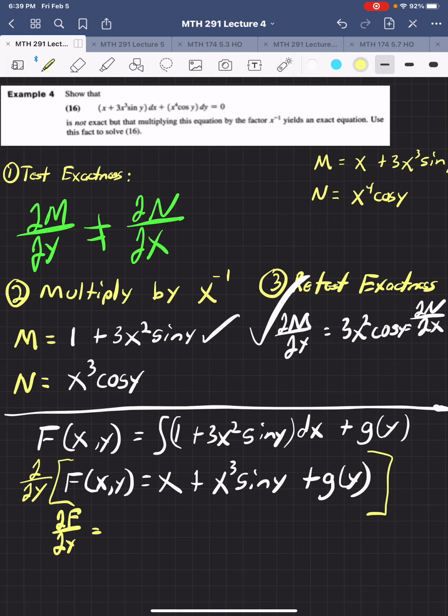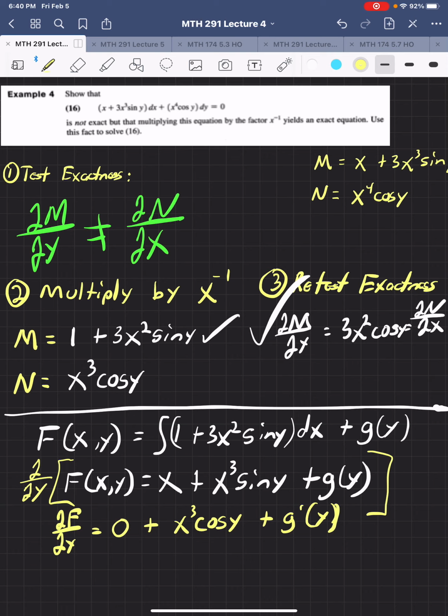Well, okay, we're taking the derivative with respect to y, so that zeroes out. My apologies, I'm thinking out loud. Taking the derivative with respect to y, the derivative of sine is just cosine. So it's going to be 0 plus x cubed cosine of y plus g prime of y.